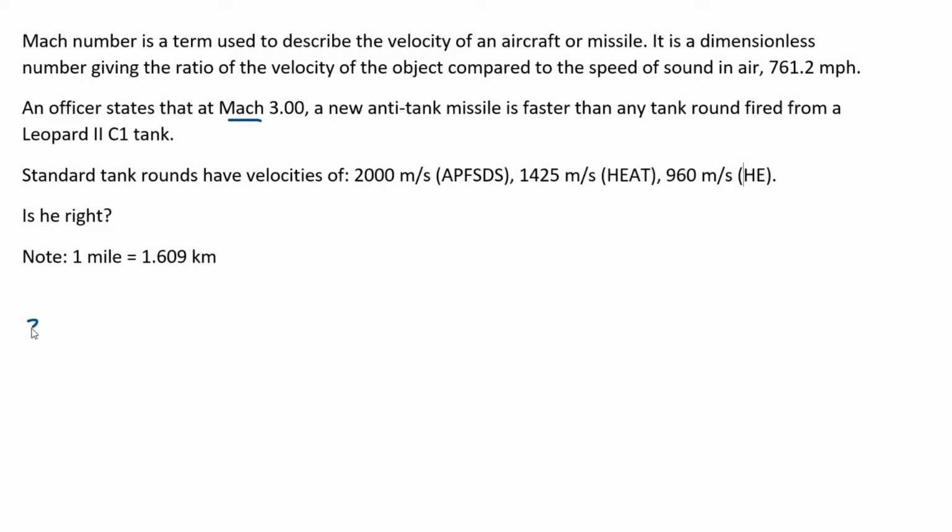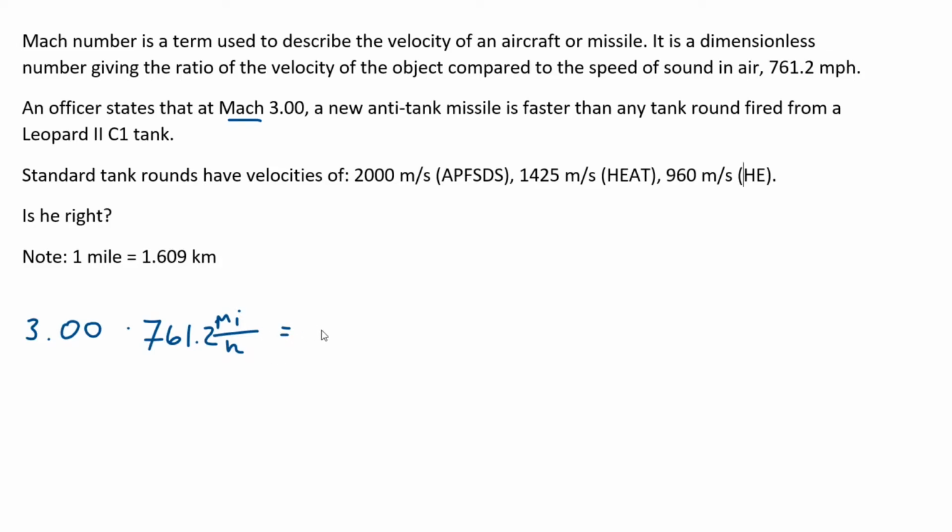So we're going to start with 3.00 with no units, because Mach is a dimensionless number, times 761.2 miles per hour.